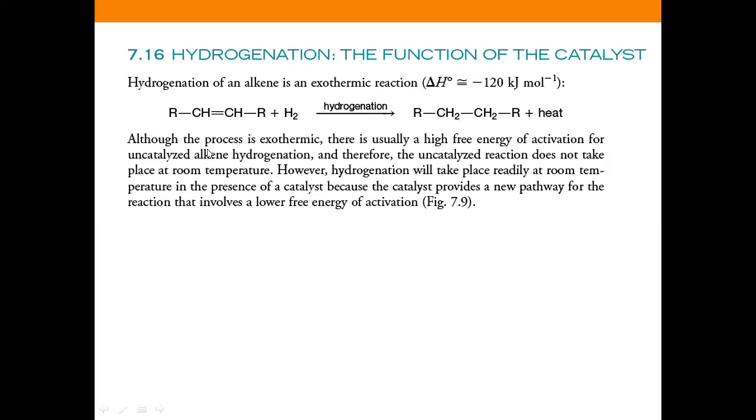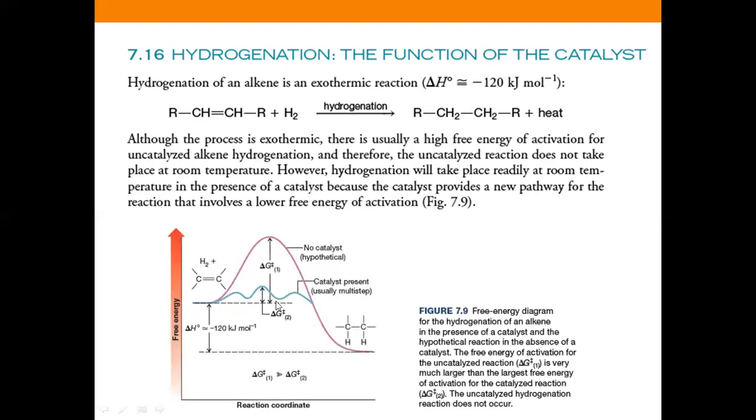So the process is exothermic, and there is usually a high free energy of activation for uncatalyzed alkene hydrogenation. If there's no catalyst, there's a very high energy of activation. So this is the pink one with no catalyst. You have your intermediate to produce your product, your single bond, your saturated compound here.